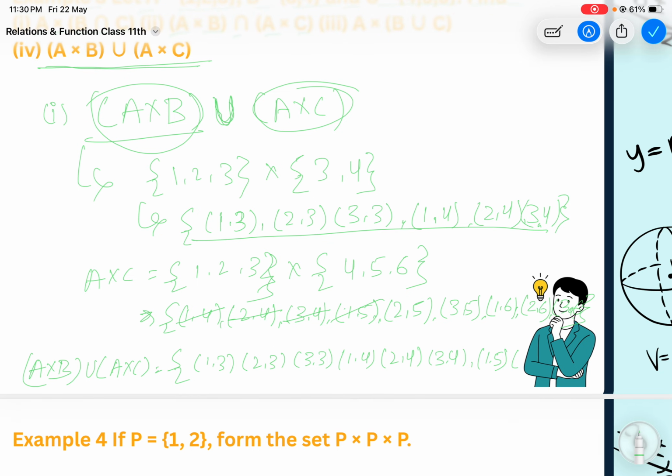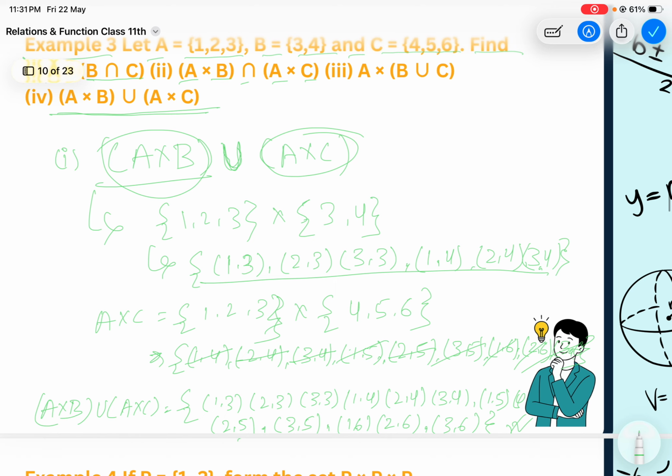So I will write from here because we are out of space there: (2, 5), (3, 5), (1, 6), (2, 6), (3, 6). Now you can see (2, 5) is covered here, (3, 5) is covered, and (1, 6), (2, 6), (3, 6) are also covered. So this is the answer.